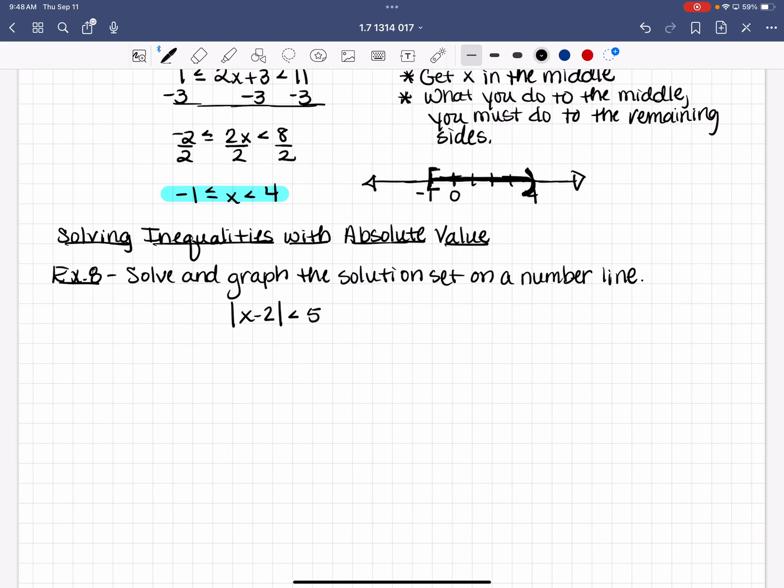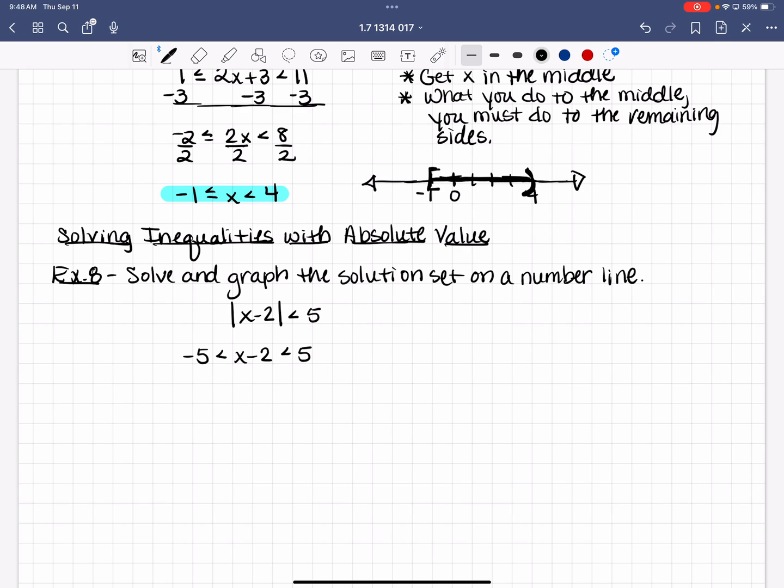But if you took negative values beyond -5, like -6, when you took the absolute value of that, it would become positive, and then it's greater than 5. So that's the explanation behind the setup. We're going to write x minus 2 in the middle, and we write our less than 5. We write just what we have, but then we add on to the left-hand side the opposite value.